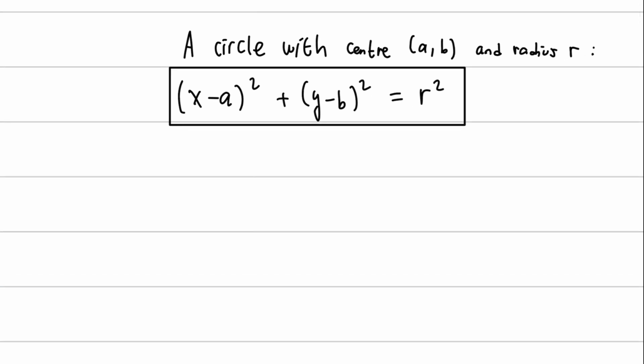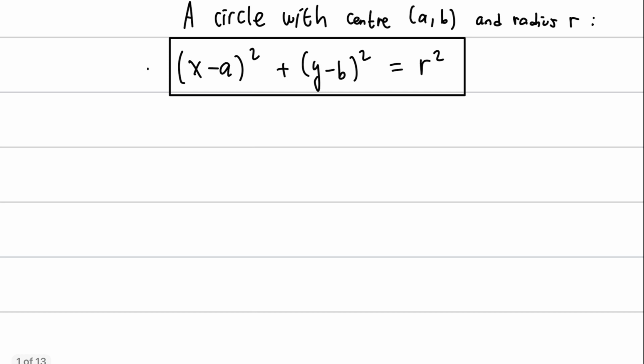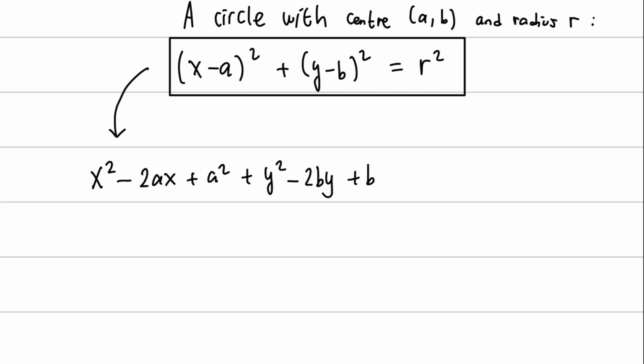Now, we have the second form of our equation. We call it the general form, where we need to expand this equation. By expanding, we will get x squared minus 2ax plus a squared plus y squared minus 2by plus b squared equals r squared.